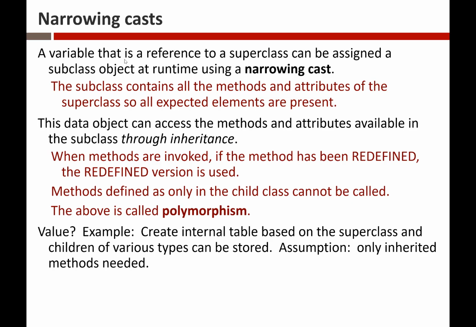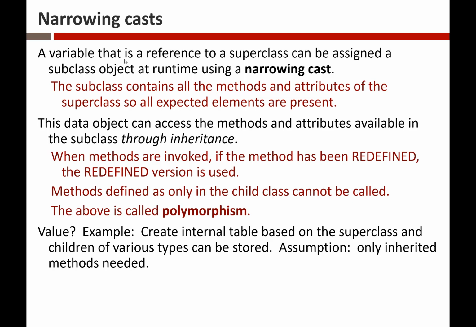And so one of the real virtues of this is our ability to have collections, or more precisely in this case, our ability to have an internal table of parents that can actually hold parent objects or child objects.